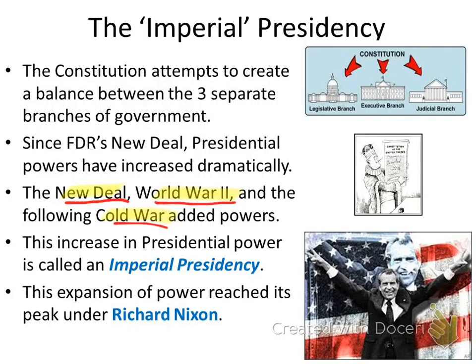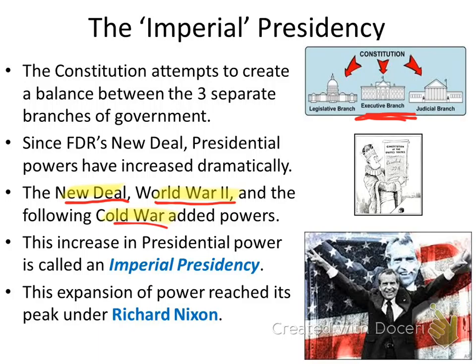In World War II and in the Cold War, you have three major crises. You have a financial crisis, the New Deal, of course, and World War II and the Cold War are military crises. Whenever that occurs, you have more power being given to the executive branch of the government.